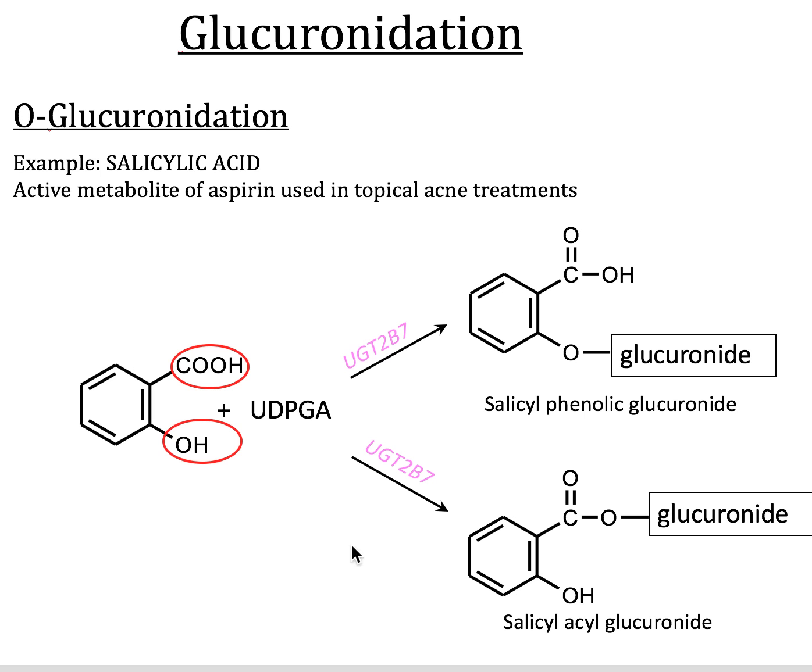This is an analgesic. UGT2B7 is the enzyme used, and it converts it into an ester, whereas here, the carboxylic acid is being replaced by the UDP glucuronic acid, forming an ether here and an ester here.